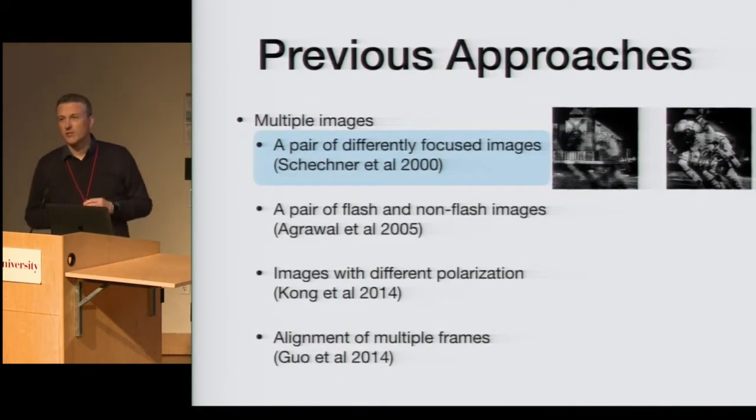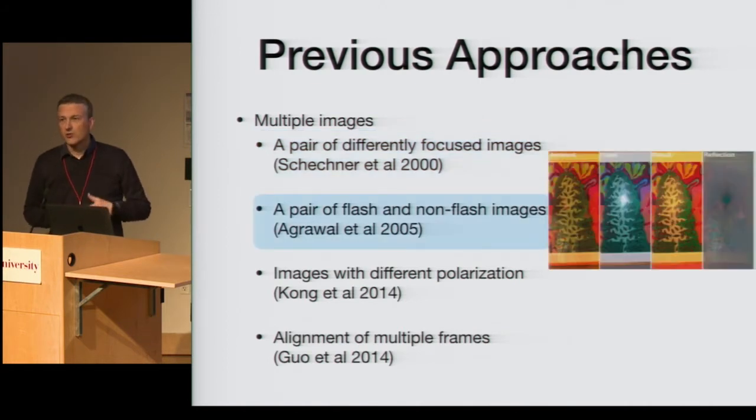So there's been quite a bit of work in this area, a number of approaches. Here I'm just highlighting some of them. I hope I don't offend anybody who doesn't appear. But this is just to give an idea of what has been done. For example, some methods use multiple images, for example, by exploiting different focus settings so that one can better separate the 2 layers.